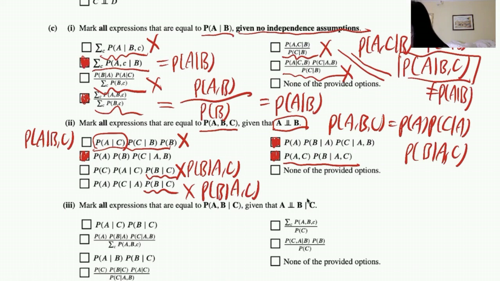So basically for part II, there are three expressions that are equal to the joint probability of ABC.